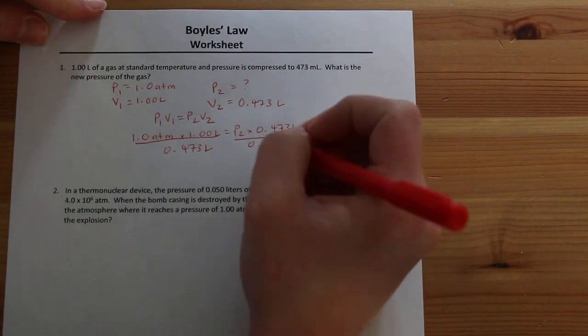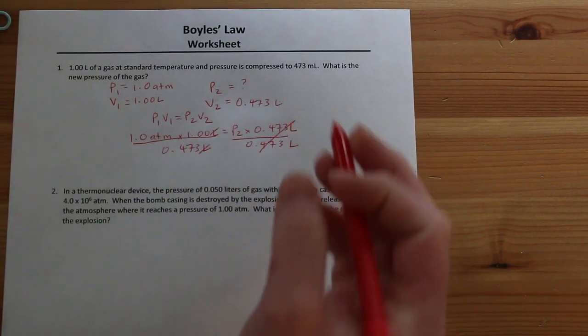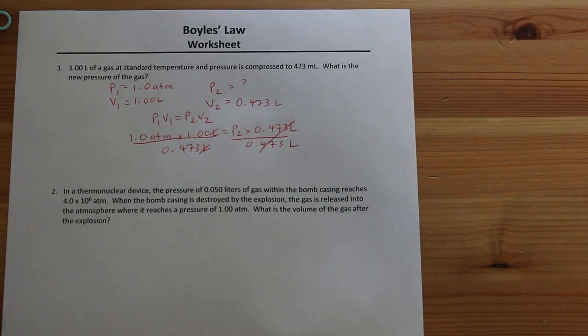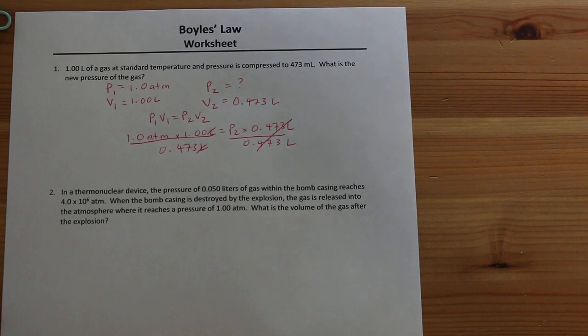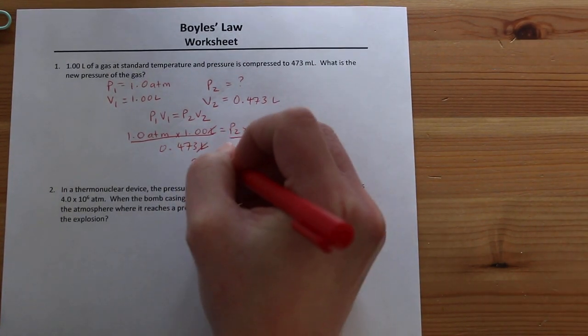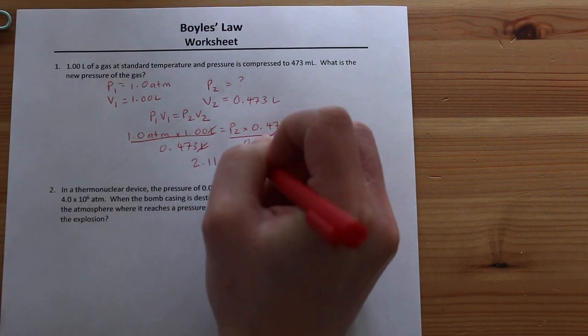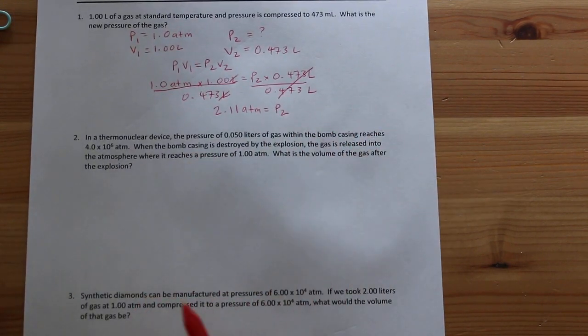The liters cancel. So what that's going to be is 1 times 1, which is 1, divided by 0.473, and that's going to give us 2.11 atmospheres equals P2. So let's do our common sense check.